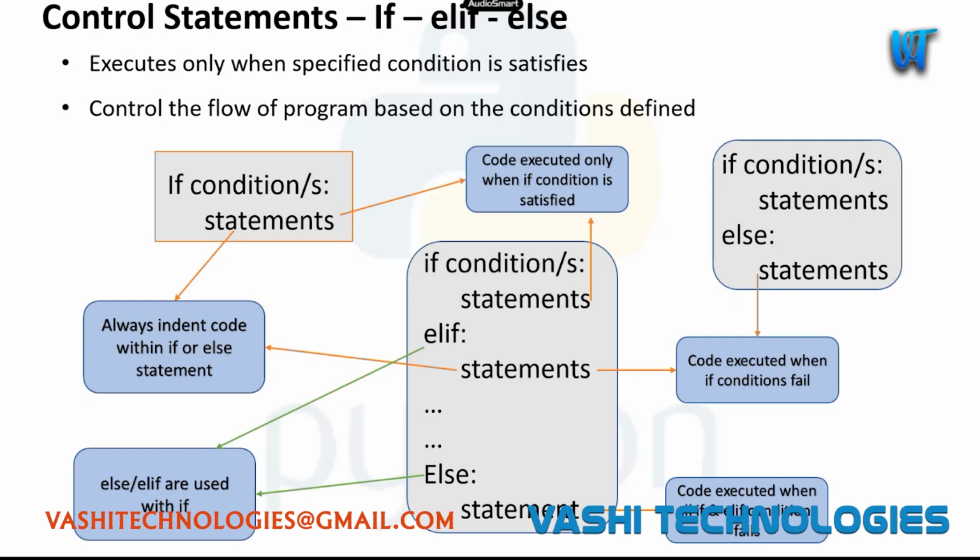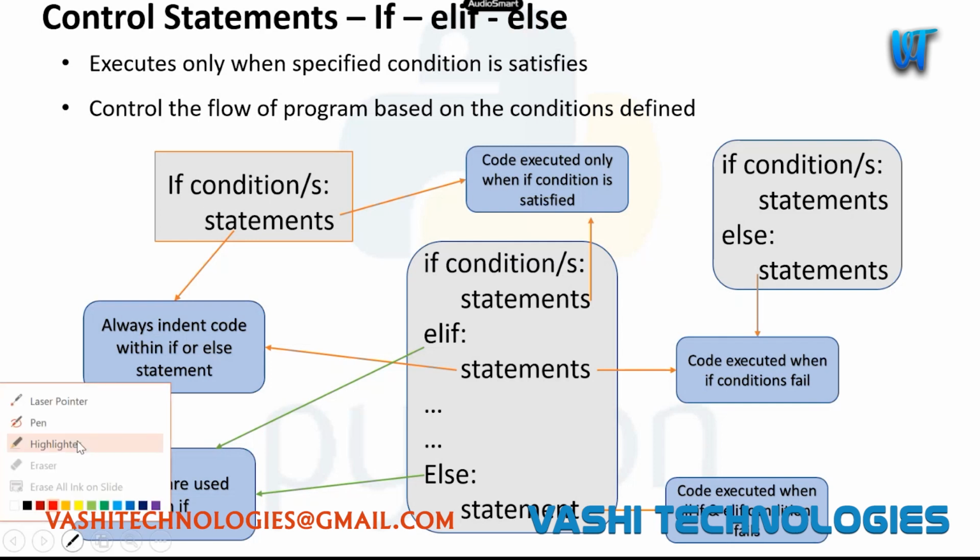One is if, one is elif, which is a short form of else if. And then we have else. So elif and else, we have to always use in combination with if. We can't use them independently.